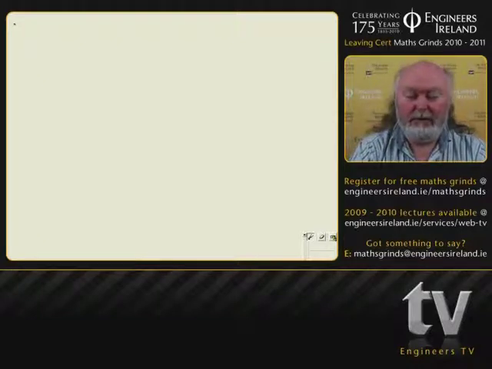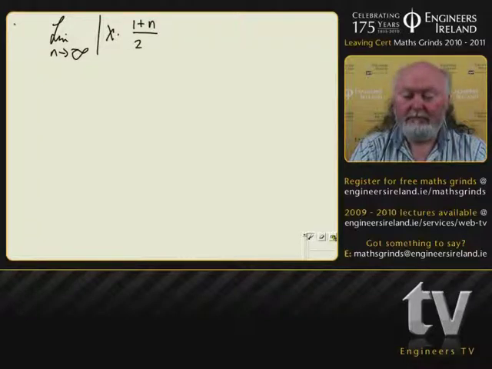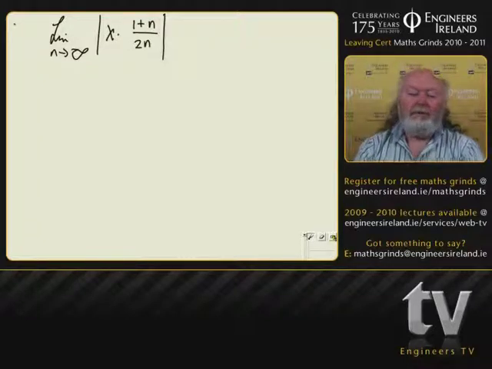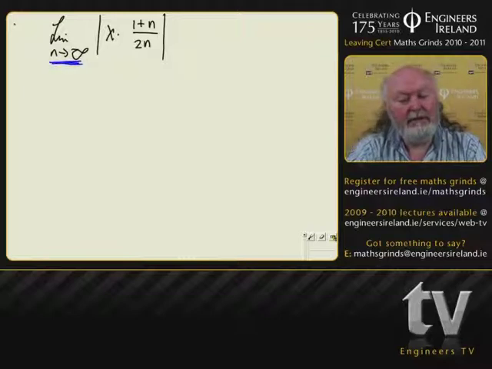For example, let's just say that we were looking at the limit as n goes to infinity of, we'll just say x by, well, we'll pick what we had a minute ago. Do you notice it's the n that's going to infinity, not the x?